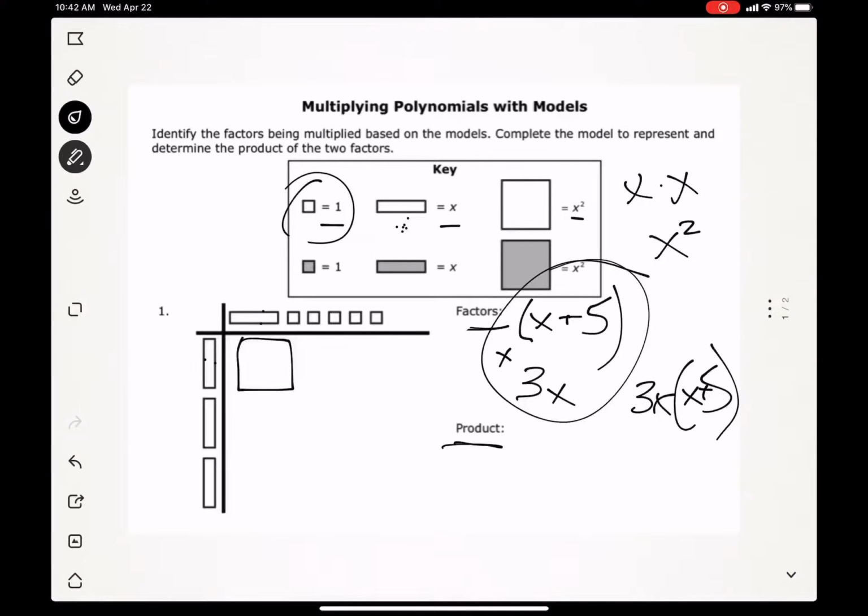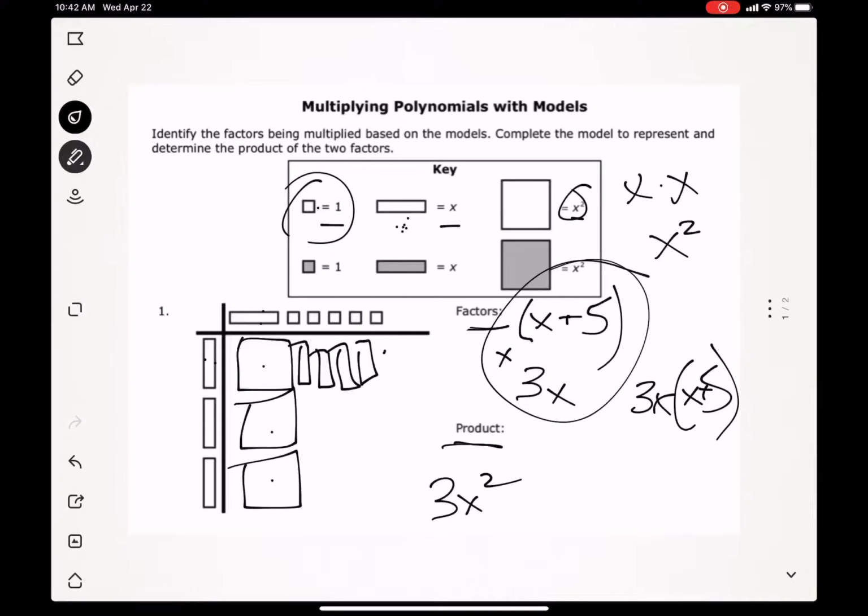Now if I have that 1x, each time I'm just going to square it. So how many x squareds do I have? I've got 1, 2, 3. Good. So part of my product is going to be 3x squared. Now, I'm going to multiply 1 times x. 1 times x is just x. And I keep doing that all the way down.